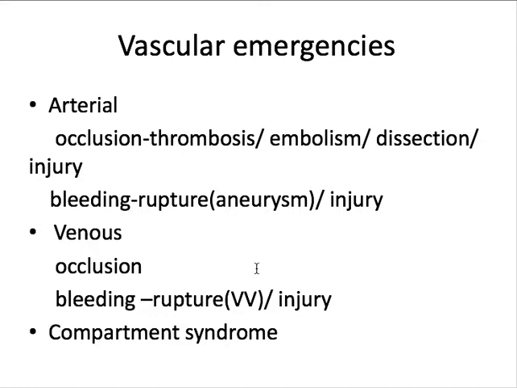And anywhere, even in the abdomen, the aorta can get thrombosed, usually following an aneurysm, and they can embolize distally. The abdominal aorta can dissect, an aneurysm of the abdominal aorta can rupture, or it can get damaged by injury.